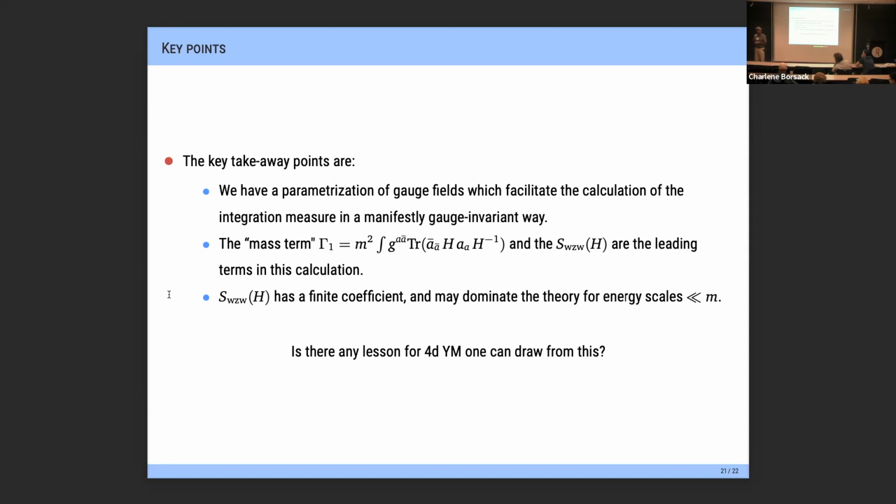And one more thing I want to say: two years ago, we looked at the problem in a different way. There was a lattice simulation of Casimir energy for the non-abelian gauge theory. They found a curve for the energy as a function of the separation, essentially the standard two parallel plate scenario.